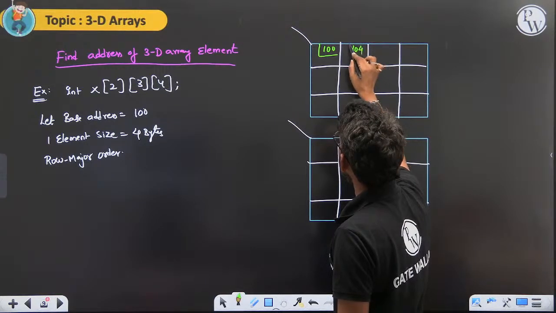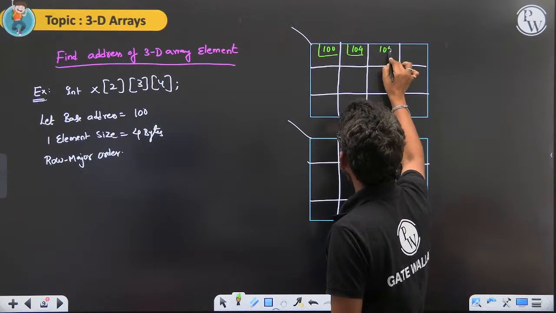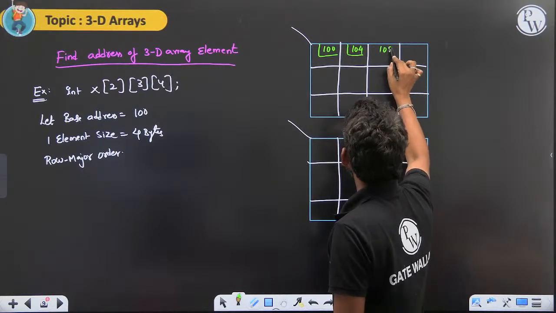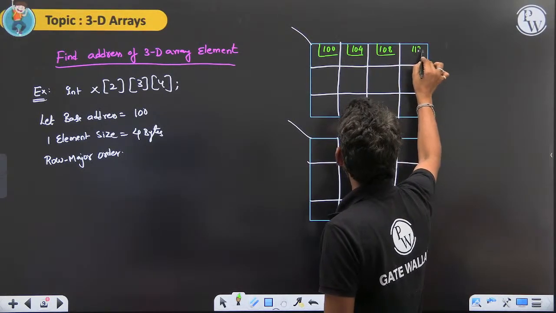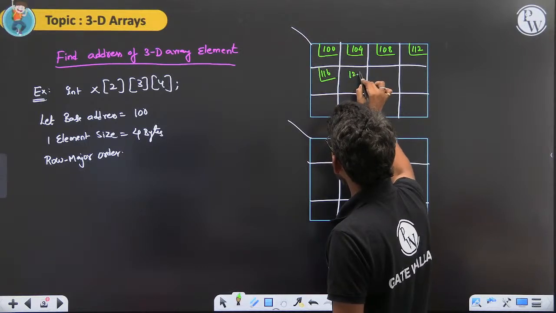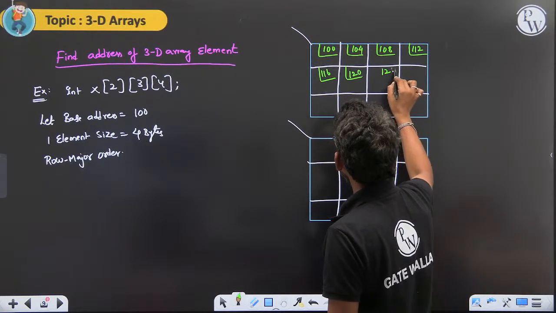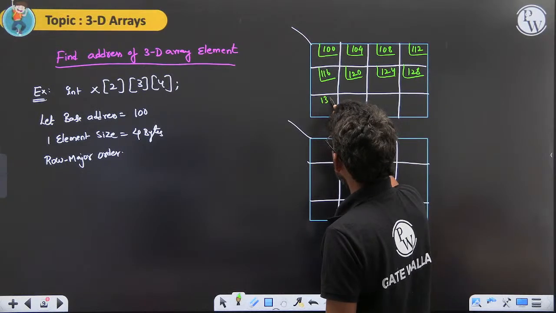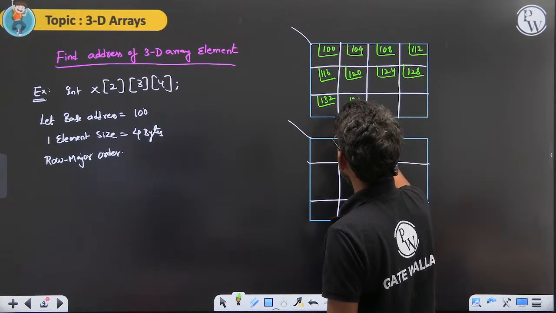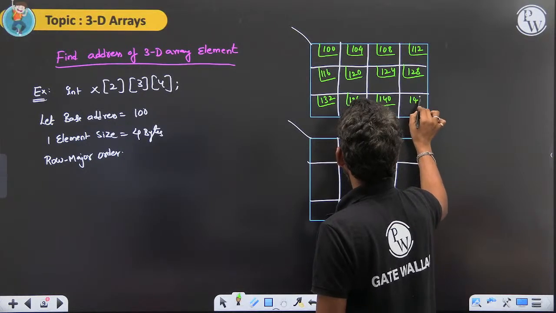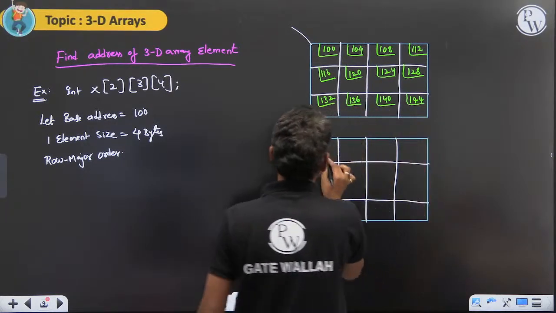Next element will be 104, 108, 112, 116, 120, 124, 128, 132, so on, 136, 140, 144, go on.